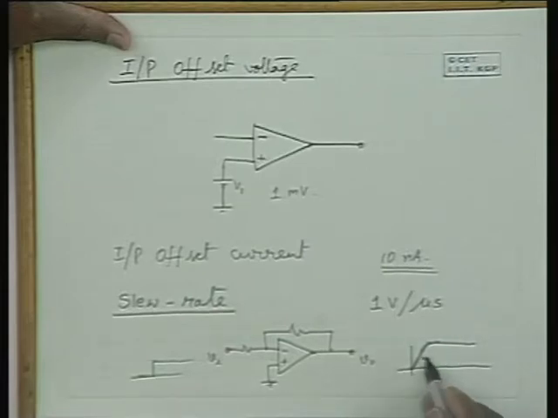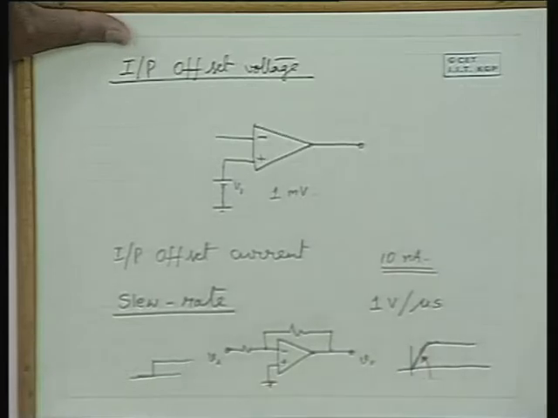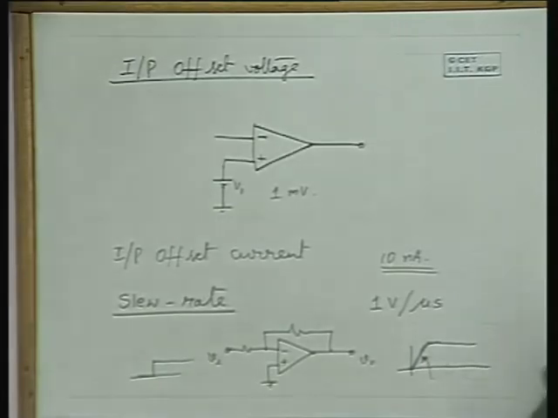And the rate at which the output can rise for a step input is known as slew rate. It is of the order of 1 volt per microsecond. So the rise time and fall time are of the order of a few microseconds. Any questions on the specifications of operational amplifiers?